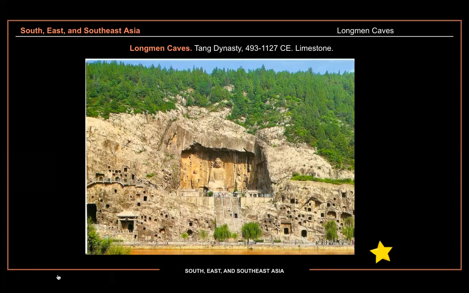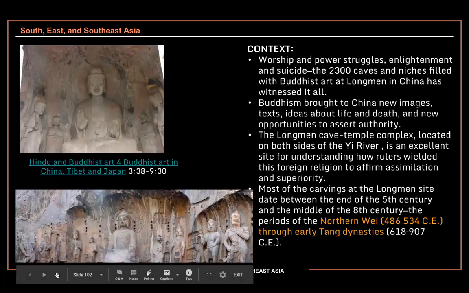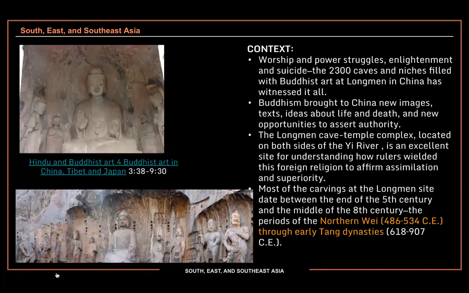And they are pretty much made out of the limestone cliff side, right? So in China, Buddhism moved from India. And if you want some more background on that, there's a video here you can watch. It's from another art history teacher, Mary McDonald, where you can get some basic information on it.